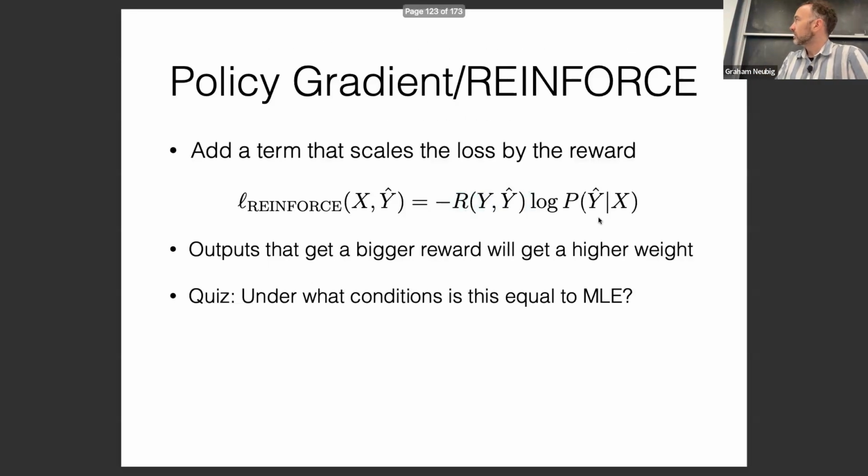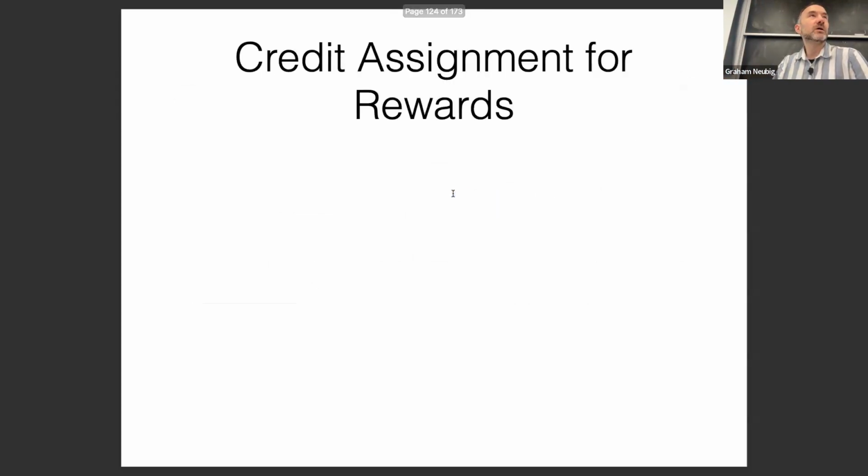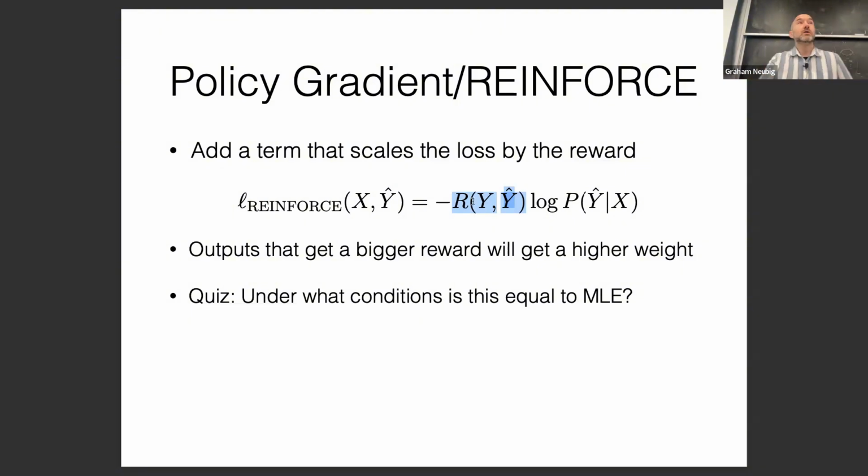But this is broader than maximum likelihood. We can give soft rewards, so that things that are close to the reference get a higher score. So this is good. And this is guaranteed to essentially minimize the risk. So this is another method for minimizing the risk, similar to minimum risk training.